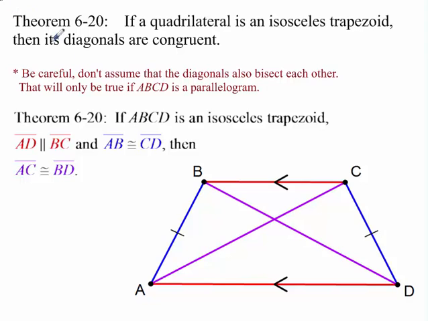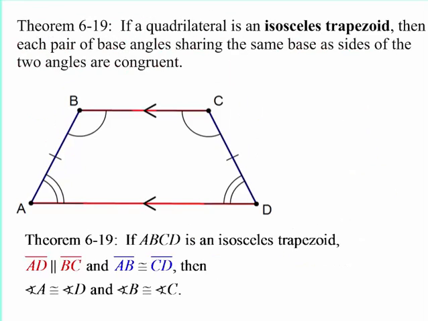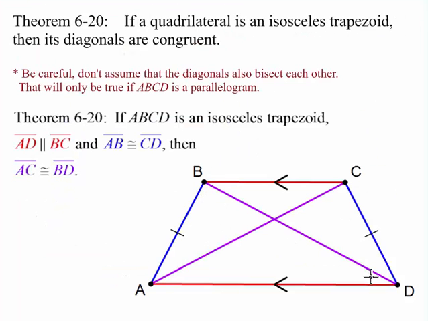If we have an isosceles trapezoid and you draw diagonals, the interesting property is the diagonals are congruent. Let's go back a little bit and compare that to where we started this lesson. If I draw a diagonal here, this diagonal is not congruent to that one. They are not congruent. But go over here to an isosceles trapezoid. Yeah, they are.